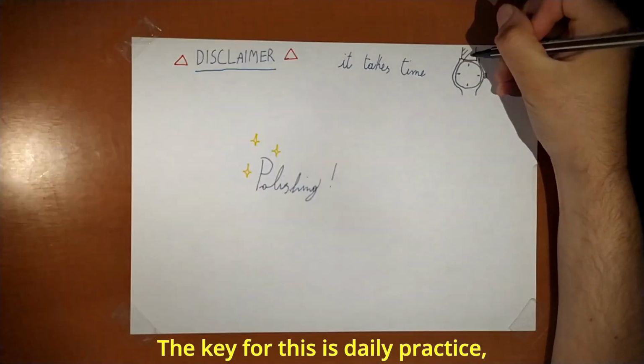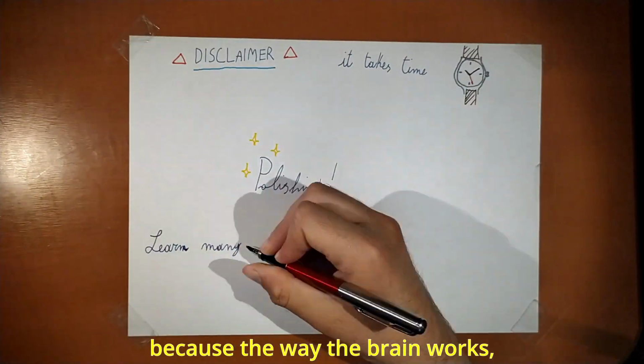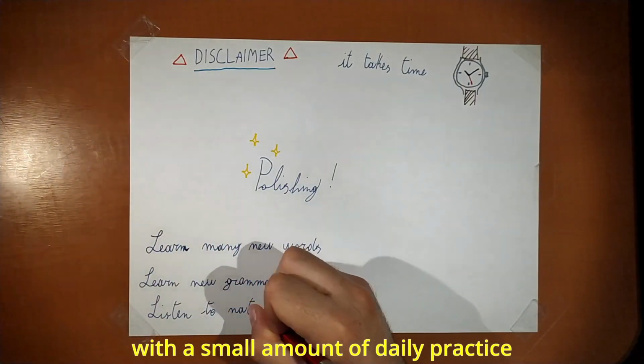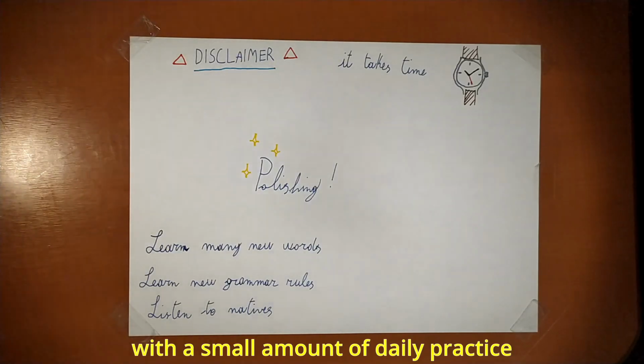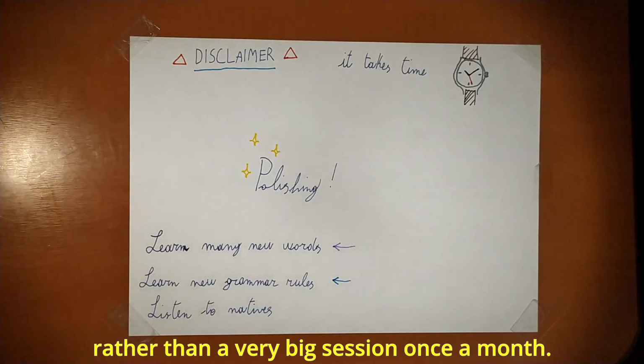The key for this is daily practice, even if only for 10 minutes, because the way the brain works, it tends to remember better and faster with a small amount of daily practice rather than a very big session once a month.